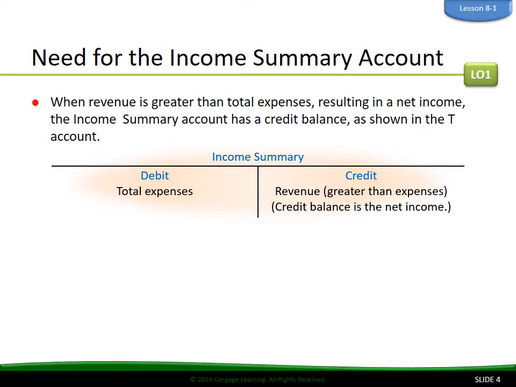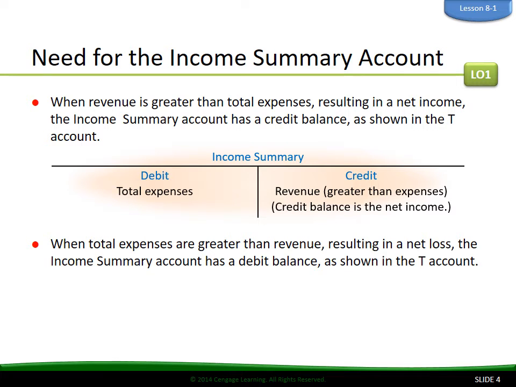Those would be your expenses because they have a normal debit balance. And you have credit on the right. And if you take your total sales and it's $5,000, and if you add up all your expenses, and let's say they're $3,000, you would have the difference between those two. So $5,000 minus the $3,000, you would have a $2,000 credit sitting in the income summary.